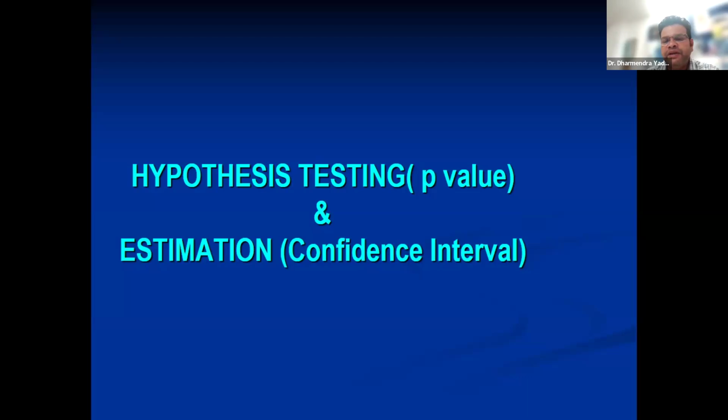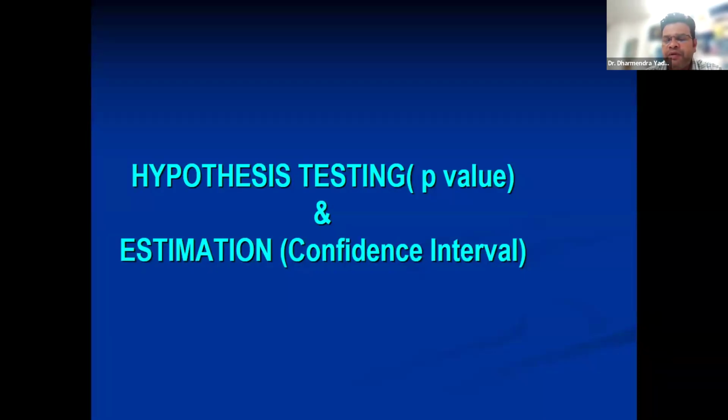In estimation, we have a population parameter, which may be known or unknown to us. For example, if you want to know the average height of adolescent girls in Delhi, this is our population parameter.